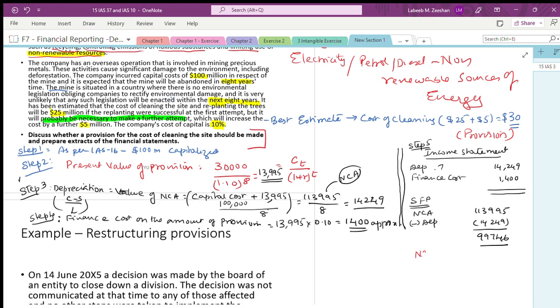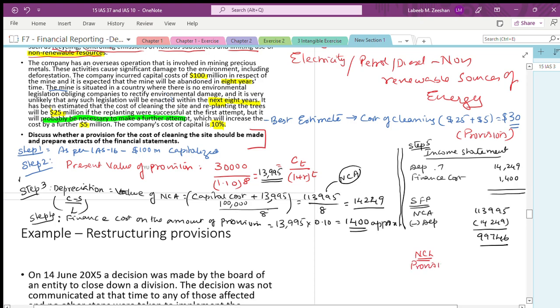Next, non-current liability. What is the provision we have made? We don't have non-current liabilities. We have provision.